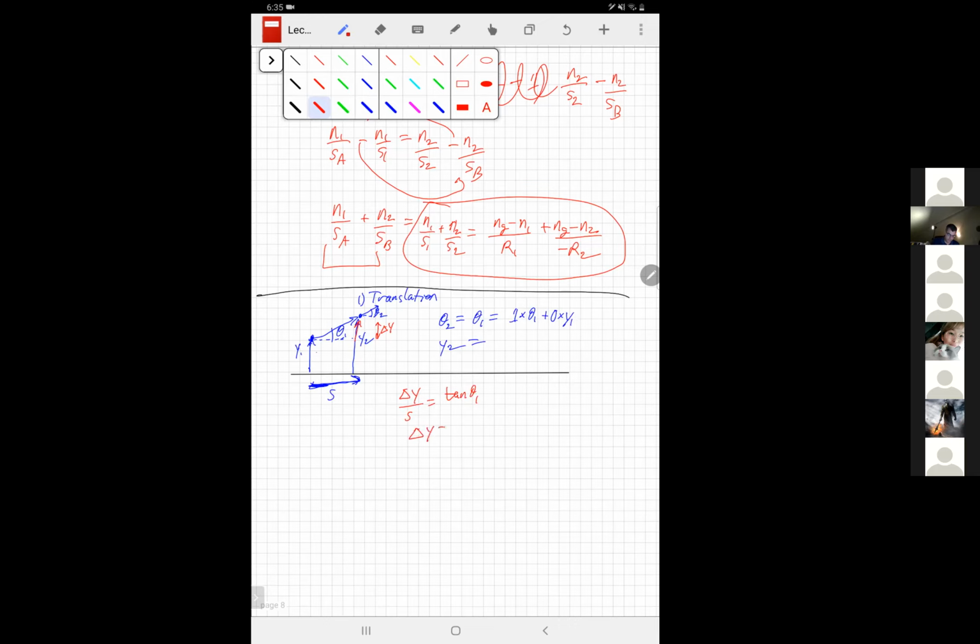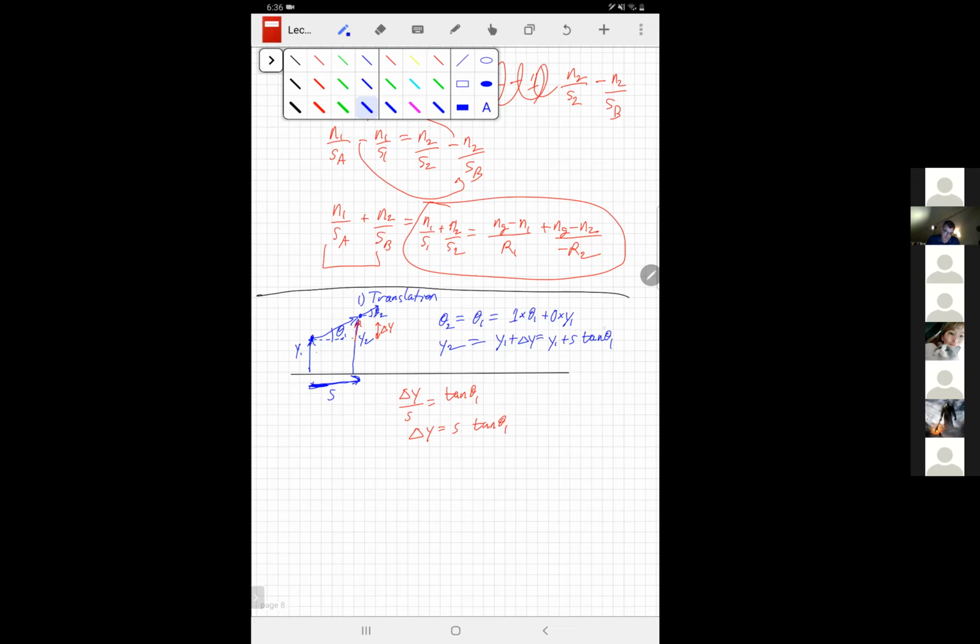So delta y is s tan theta 1, and y2 would hence be y1 plus delta y, or y1 plus s tan theta 1. Now I'm saying that I want to do things with matrices, and matrices are usually used to express linear relationships.